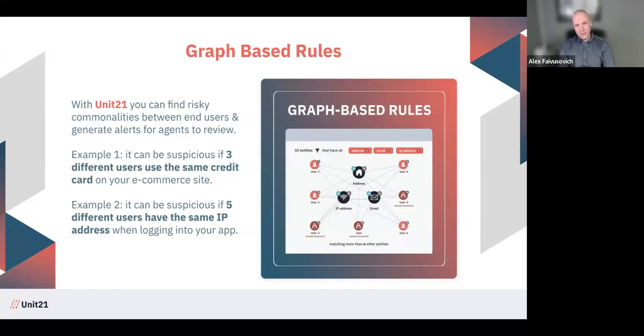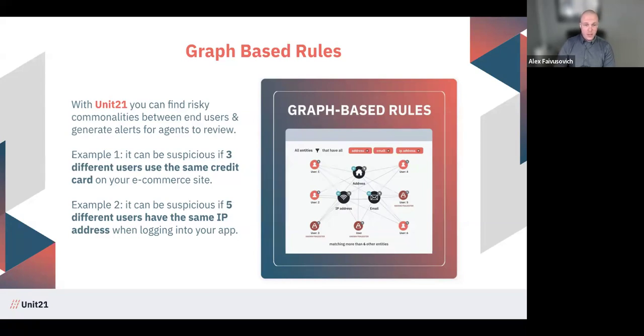But if you don't have the person who knows how to write the group by query in SQL and have it running in an automated fashion so the agent can see it over and over again, or you don't have the person who can go into your transaction monitoring tool and know how to write those different code lines, it can be very challenging. And this is why graph-based rules really come in handy, because you can actually visually build what you think is a high risk and deploy the rule and have it running within minutes.